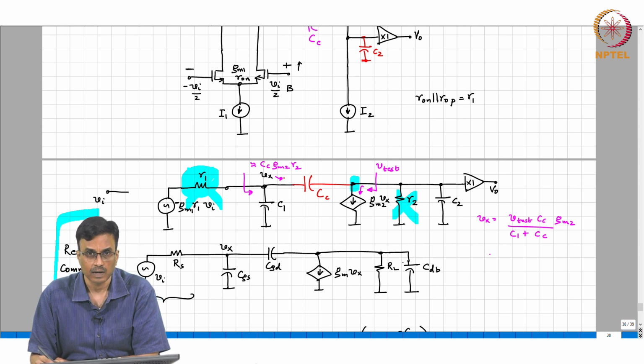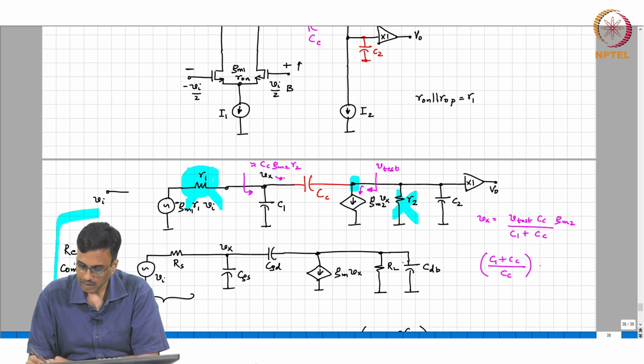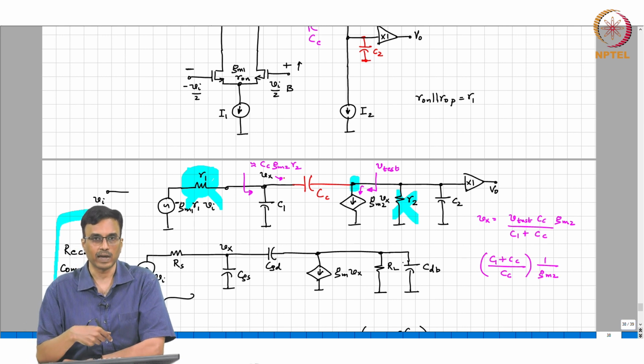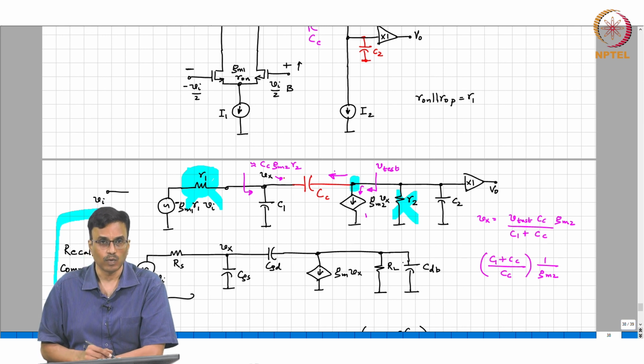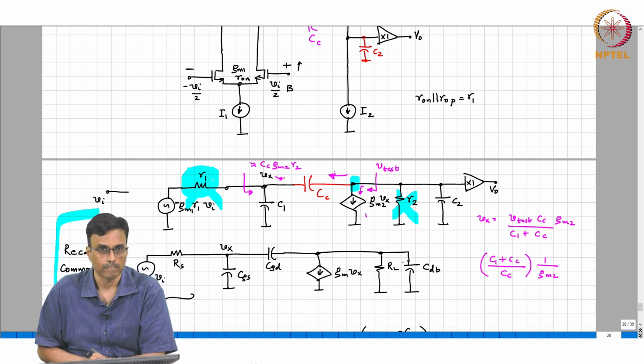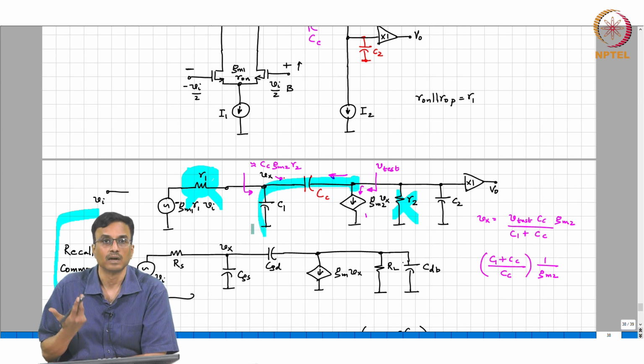It is nothing but C1 plus Cc over Cc times 1 over Gm2. That is the resistance looking in there, and apart from this, there is also a current flowing through that guy. What is that current? It is just Cc and C1 in series.